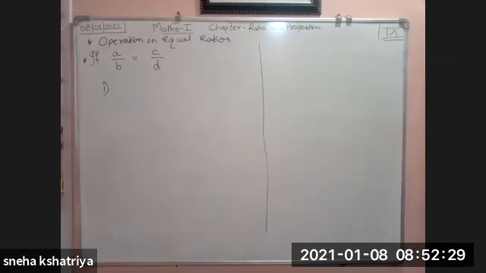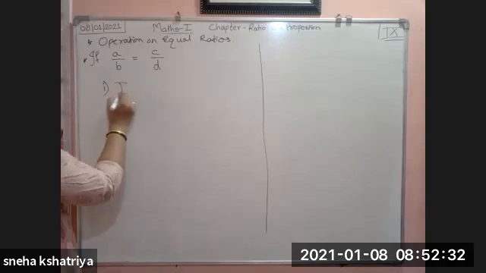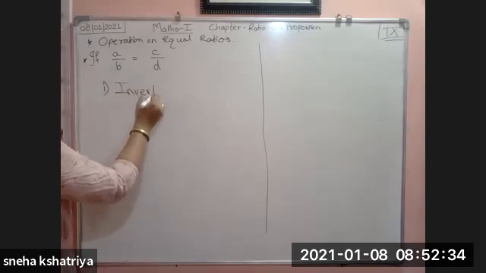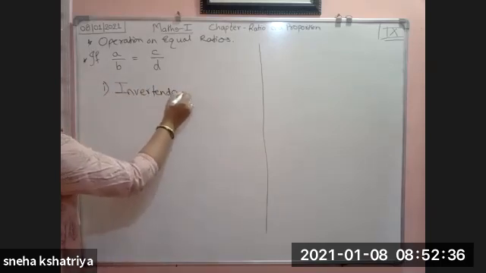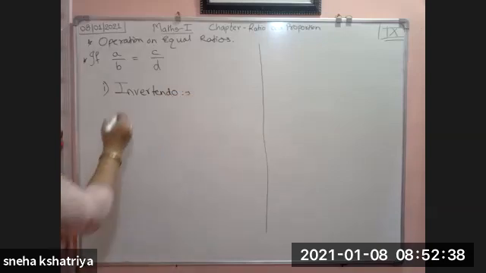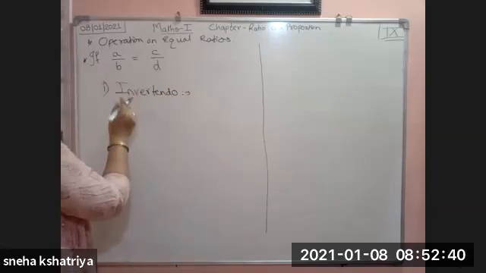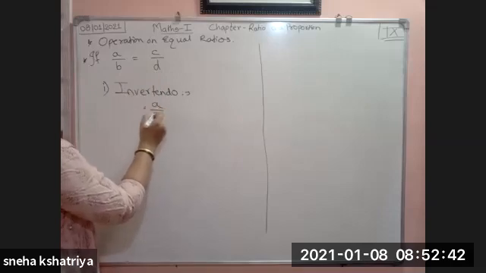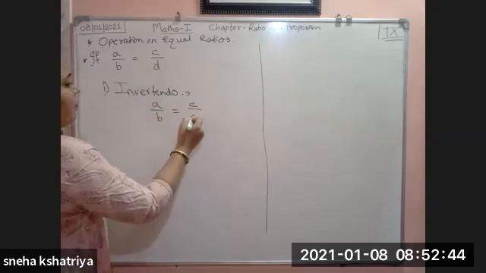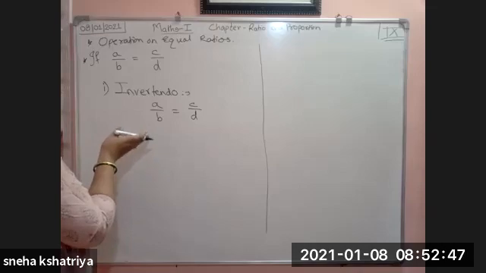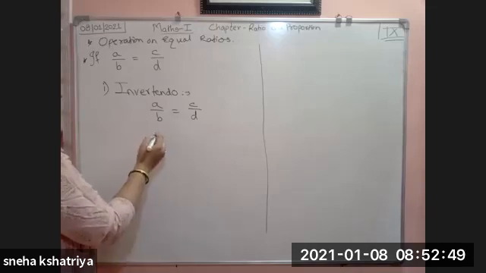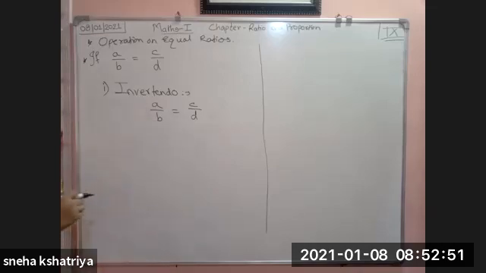So the first one is invertendo. In this operation, if such a ratio is given, that A upon B is equal to C upon D, then we can write it by inverting the sequence.